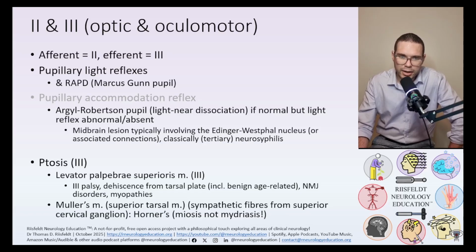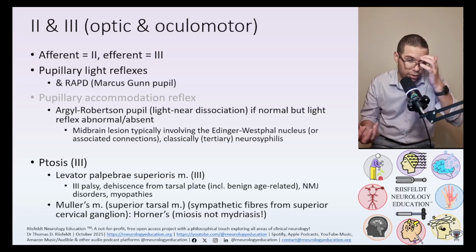The other pupillary reflex which can be examined for is the accommodation reflex. I can't say that in clinical practice this is routinely very helpful, although it is something you need to know about certainly.